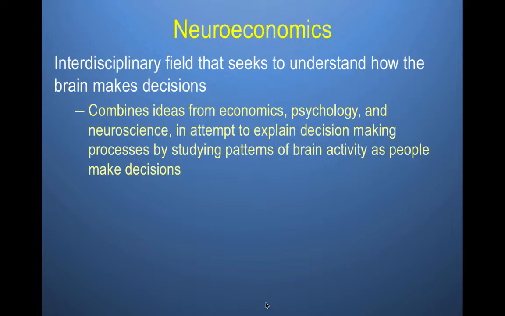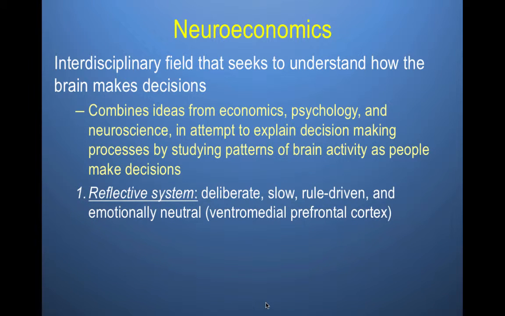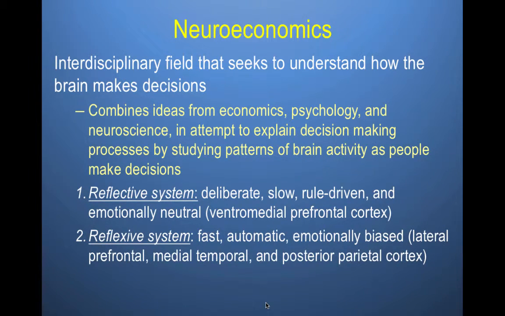When we make decisions, we have a reflective system that is deliberate, slow, rule-driven, and emotionally neutral, and this is in the ventromedial prefrontal cortex. And we also have a reflexive system, and this is fast, automatic, emotionally biased, and this is in the lateral prefrontal, medial temporal, and posterior parietal cortex.